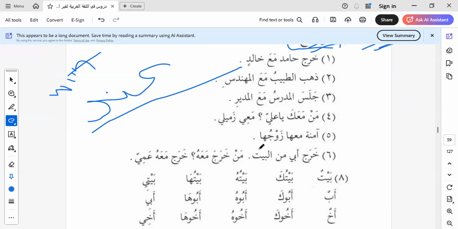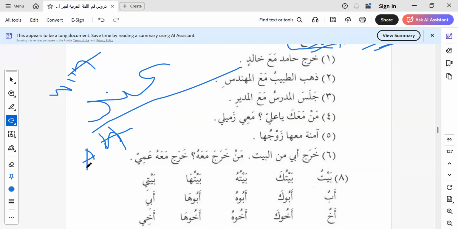آمنة معها زوجها. Amina, her husband is with her, and she's living with her husband. Do you see the difference? So if I say Amina's husband is with her, sorry for the way I'm writing, it's not easy to write with this.